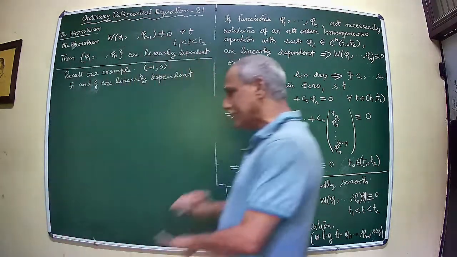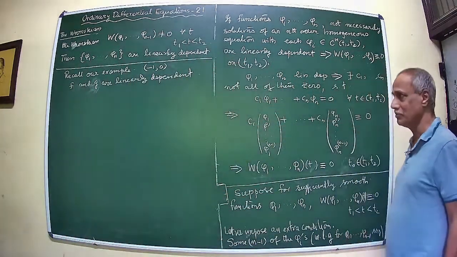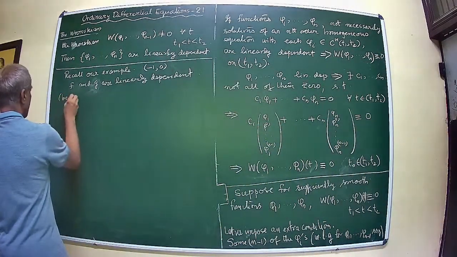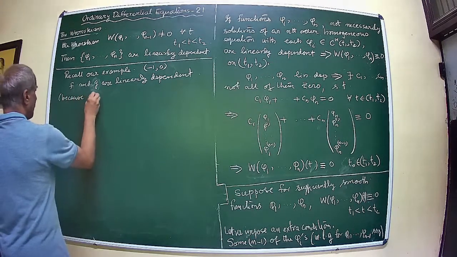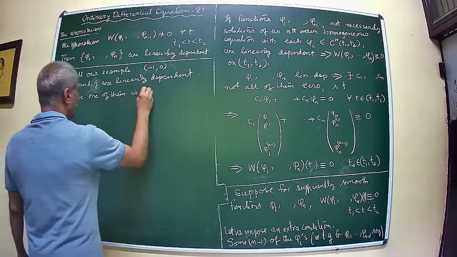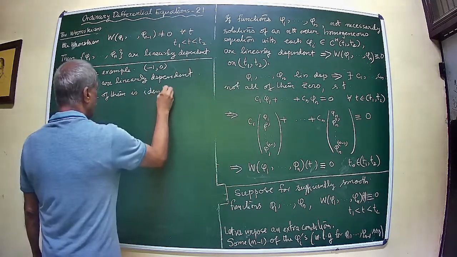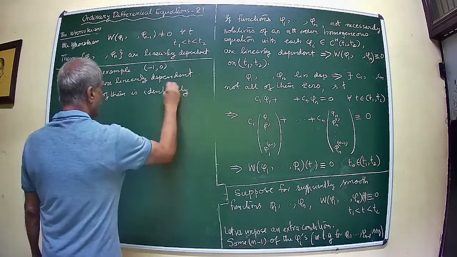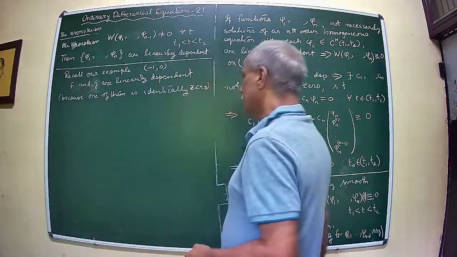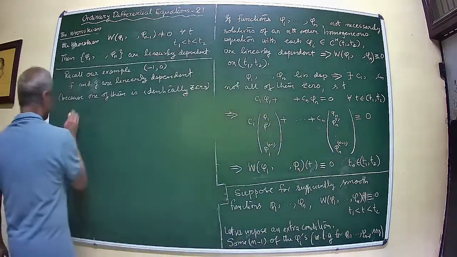Because one of them is identically 0 on that interval. So what do you have? You have this one.